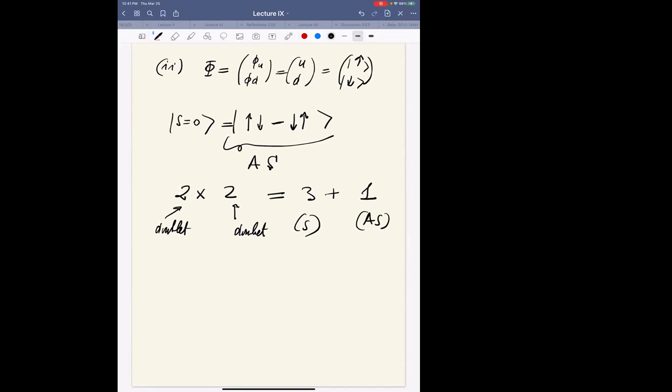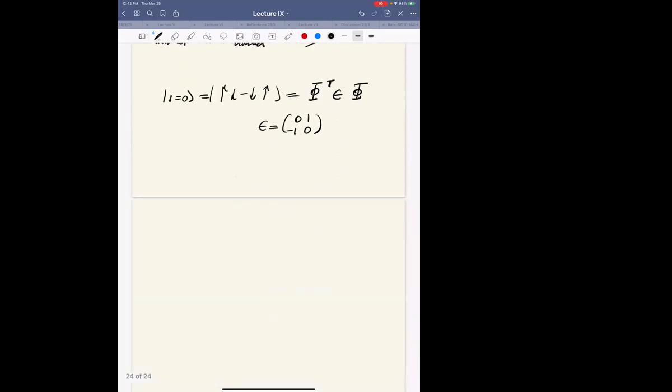This S equals 0 state, which is up, down, minus down, up, I can write as phi transpose epsilon phi. Epsilon is an antisymmetric matrix. You agree? This is precisely what I'm writing. This is also invariant. I can write it in another way, phi transpose i sigma 2 phi. This is invariant.